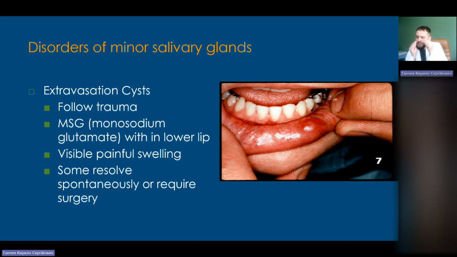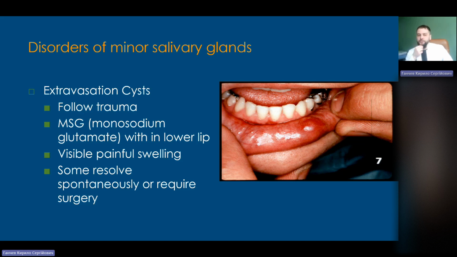If you traumatize that, the secret cannot leave the gland, so it starts to accumulate there and starts to grow. So we have some kind of cyst. It's not a proper cyst. It's just an inflamed minor salivary gland.